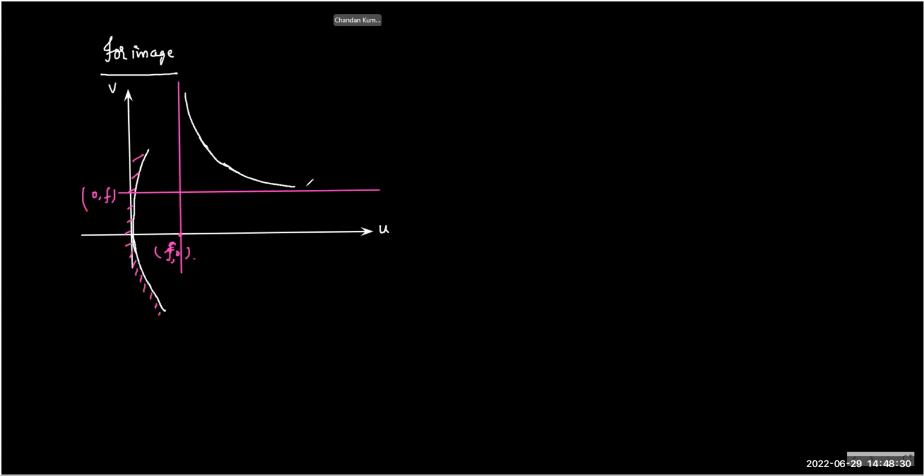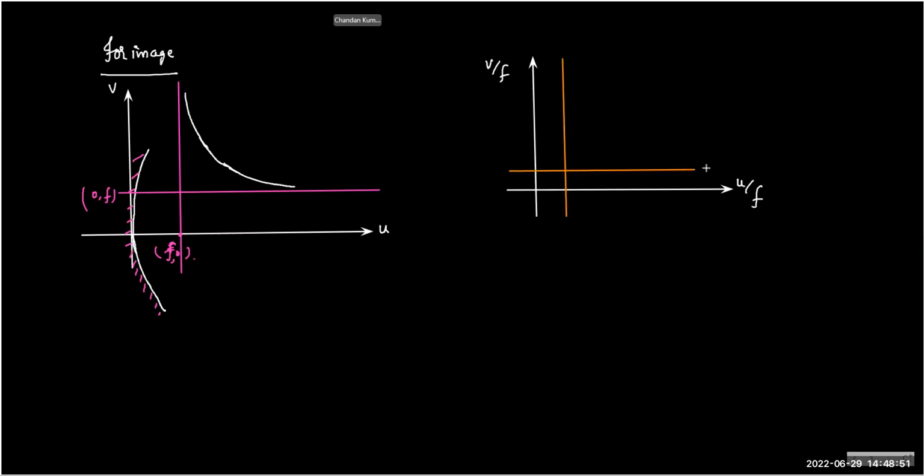Sometimes they ask for the graph of v by f versus u by f. So for v by f and u by f, this will become 0 comma 1 and this will become 1 comma 0. You need to realize that if you divide v by f, the f line will become 1, right?